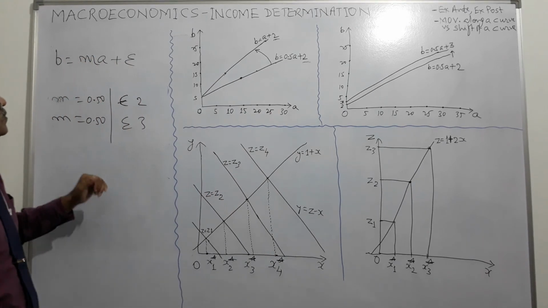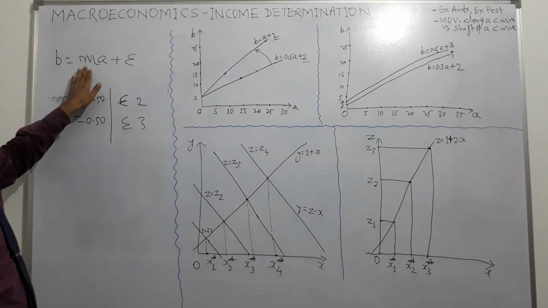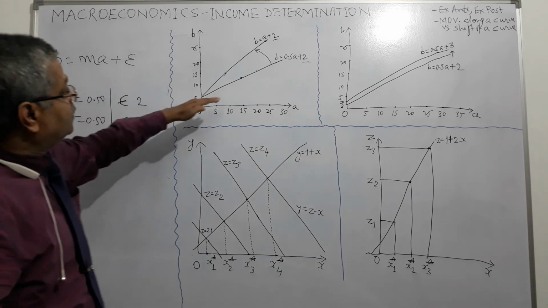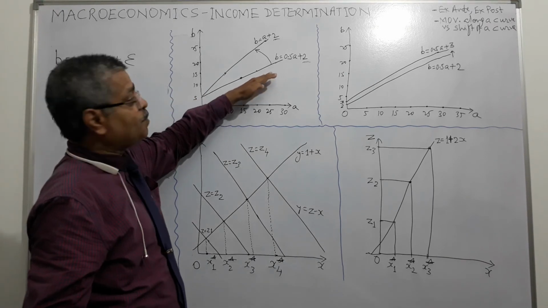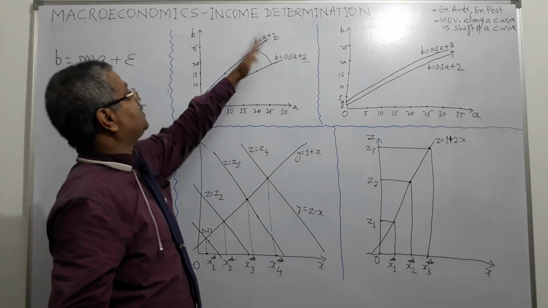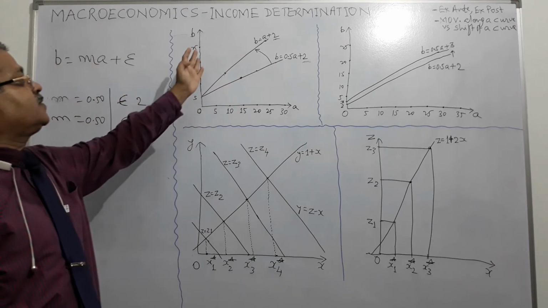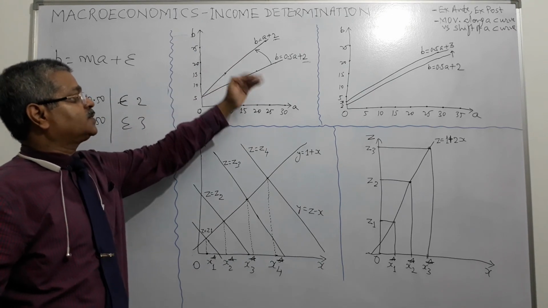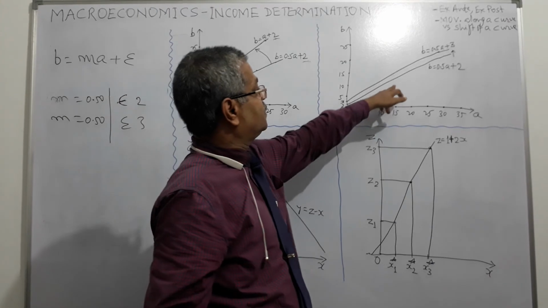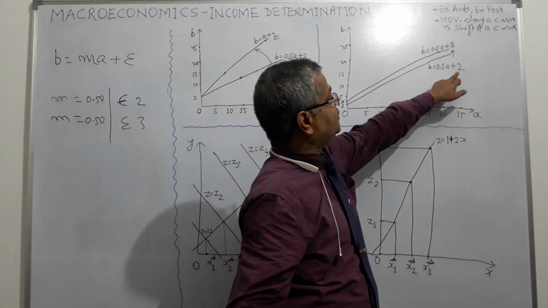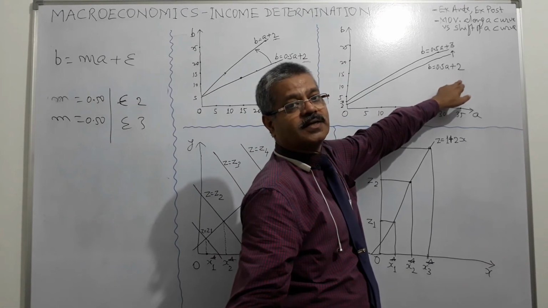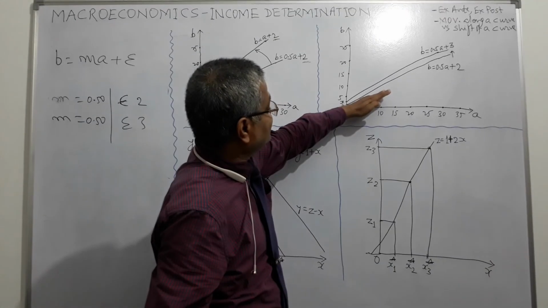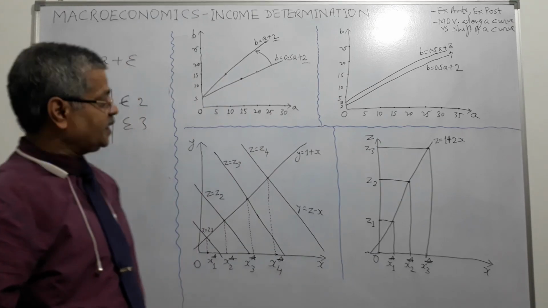What is M? Slope of the straight line. So when M is increased, the straight line swings upwards. But here when this changes, what changes? E, the vertical intercept. When it changes from 2 to 3, the straight line shifts upwards, right?